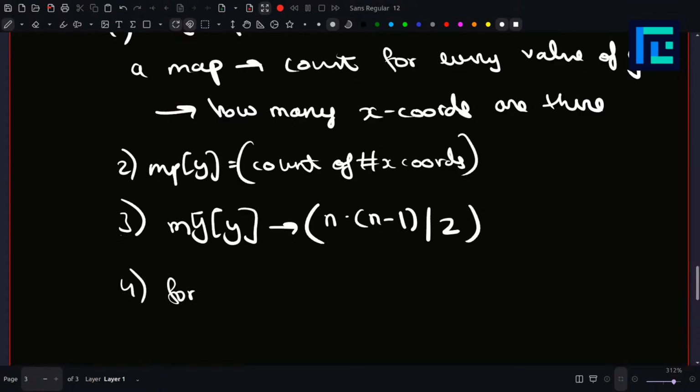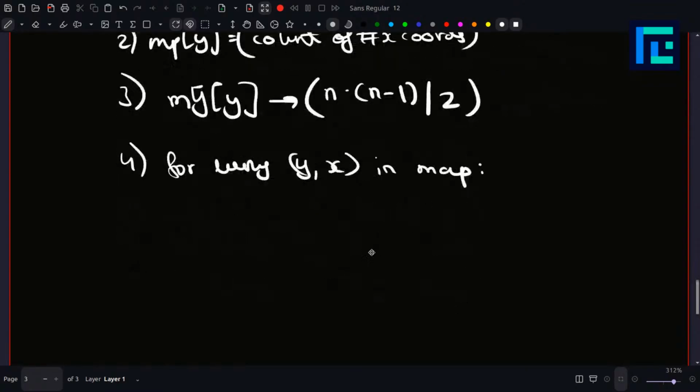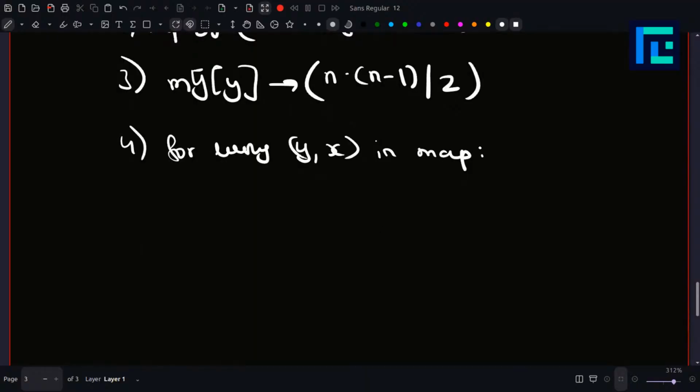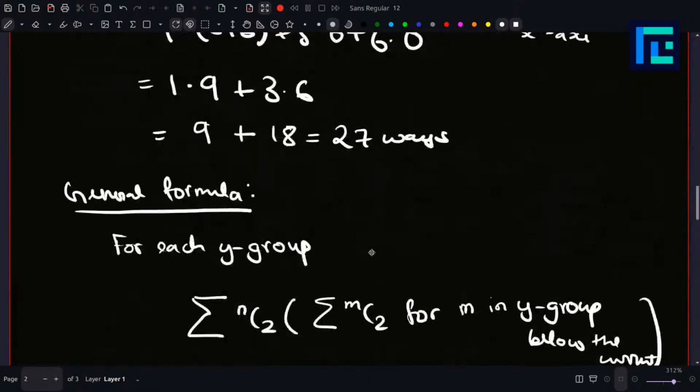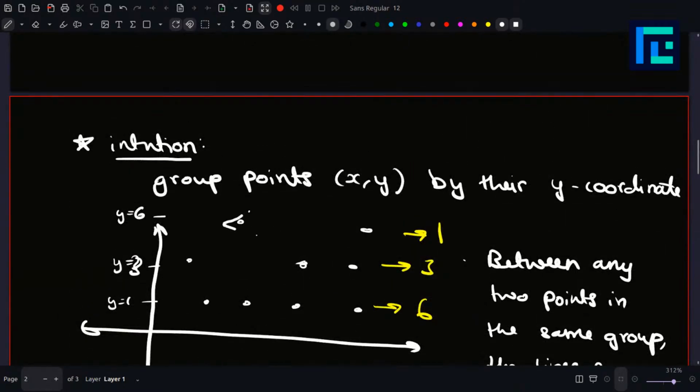Then for every pair (y, x) in the map, we need to count how many ways this particular group can be paired.